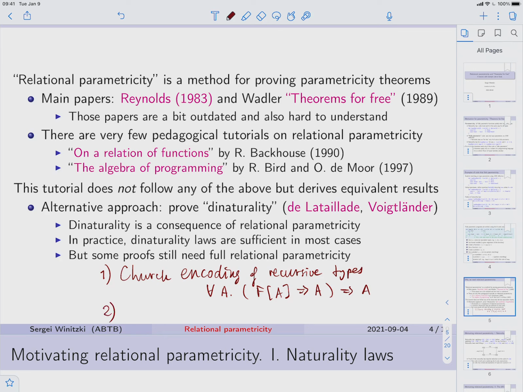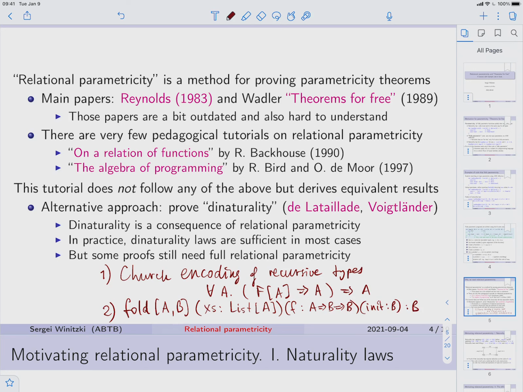And second is fold. For the fold signature, you could think, let's write a fold like this: you have a function a to b to b, you have an init value of type b, and you get a b. This type signature also is too complicated for dinaturality to work.